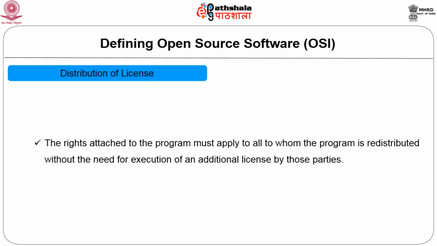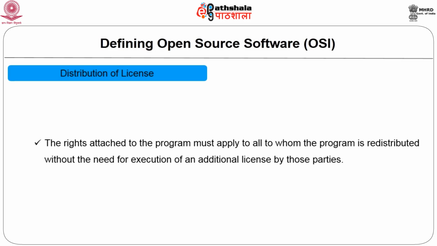The seventh point says distribution of license. So, the focus of the seventh point is on licenses. It says the rights attached to the program must apply to all to whom the program is redistributed without the need for execution of any additional license by those parties. So, if there is a license to a program, when we say source code, it can be a set of programs.